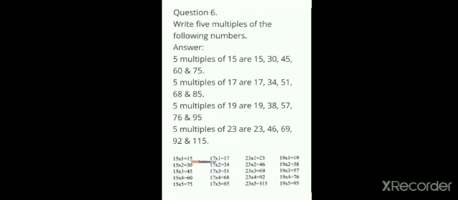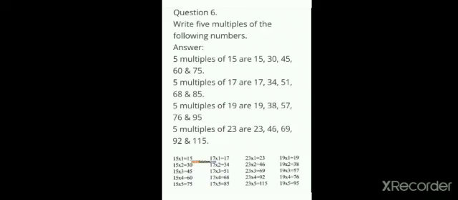So, sixth question is, write 5 multiples of the following numbers. The answer is, the 5 multiples of 15, 5 multiples of 17, 5 multiples of 19 and 5 multiples of 23.